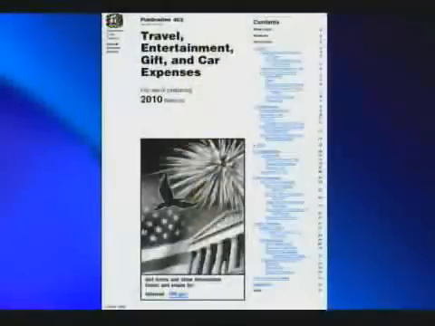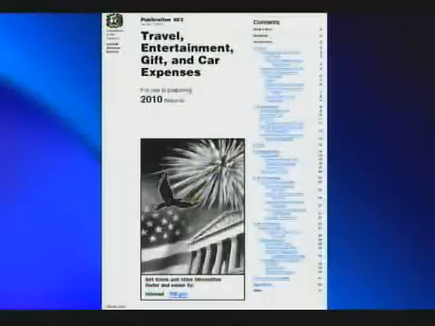Actual business expenses include gas, oil, repairs, insurance, depreciation, tires, and license plates. Under either method, parking fees and tolls are deductible. See Pub 463, Travel, Entertainment, Gift, and Car Expenses for more information on using standard mileage rates and the use of a car in your business.